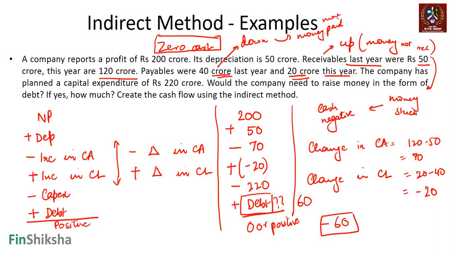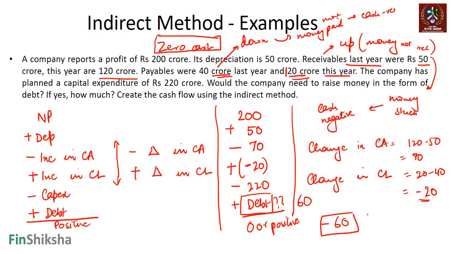Last year it was 40 crore, this year is 20 crore. So you've paid that 20 crore, right? So money has gone out. More money paid is going to be cash negative. So you just look at the change and the change is added. The change is negative because now you are at 20 and earlier you were at 40, and that gets subtracted. Otherwise, if payables had gone up to, let's say, 120 crore, in that case you would have added 80, correct?